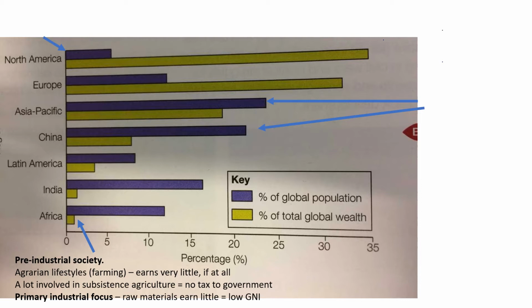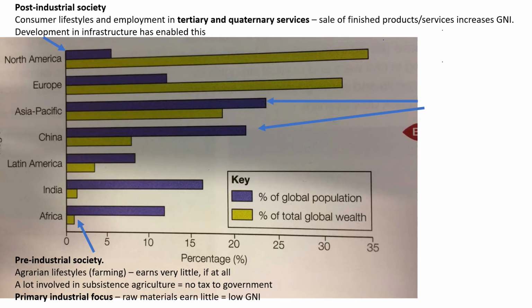Let's contrast that with North America and Europe. These are post-industrial societies. It means that they've been through their industrial revolution. They've developed their industries. They have made lots of money, and they've moved beyond that now into consumer lifestyles and employment in tertiary and quaternary services.